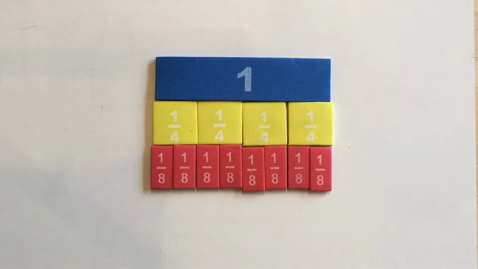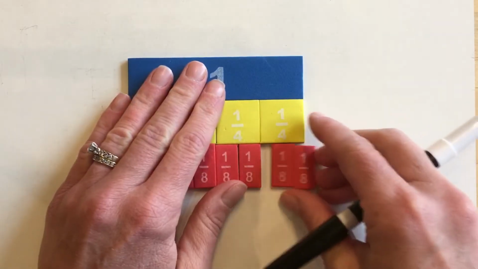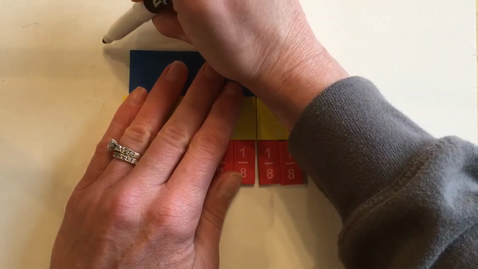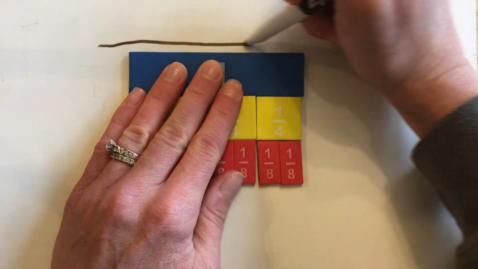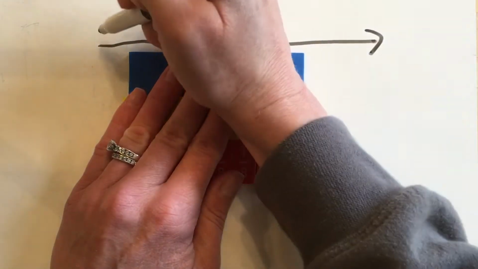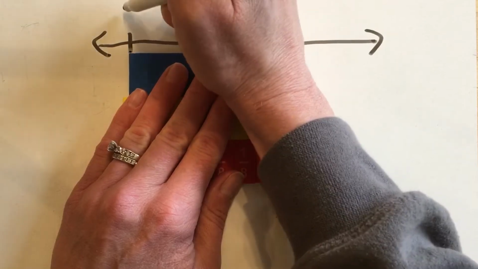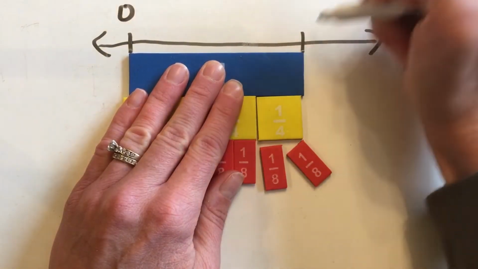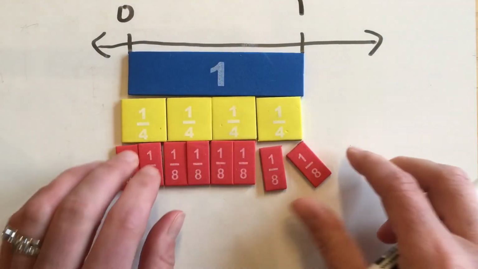Okay, so if we look at our model, I want to show you how that looks on a number line. So above the 1, I'm going to go ahead and make my number line. Here's 0, and here's 1.